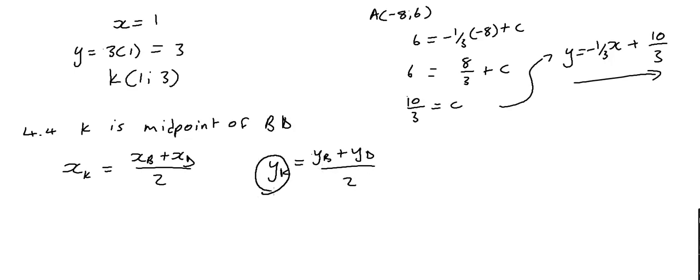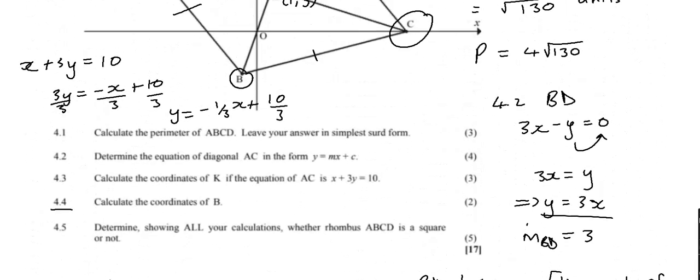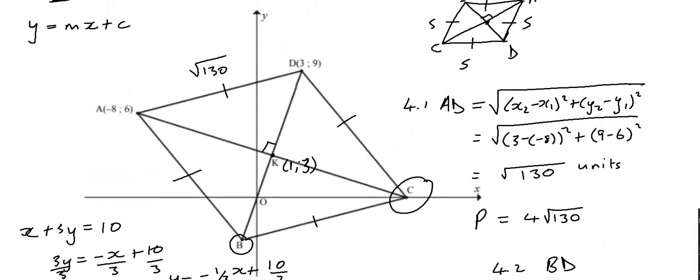Remember, this on the left hand side belongs to the midpoint, and these ones belong to the side points. So the midpoint is K, but the side points are B and D. You can call them x1, x2.